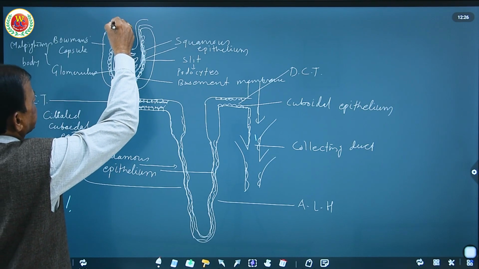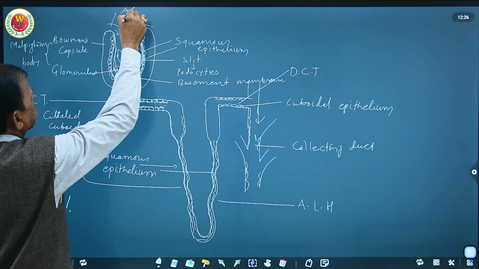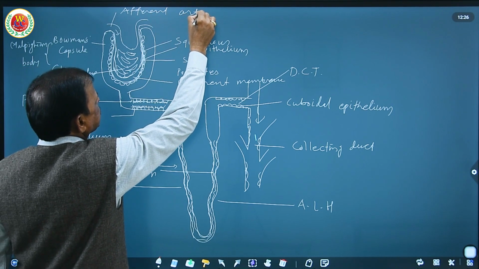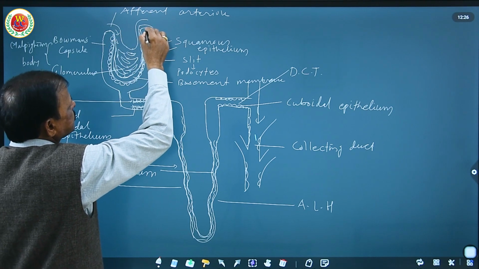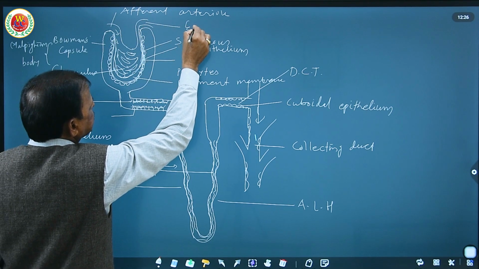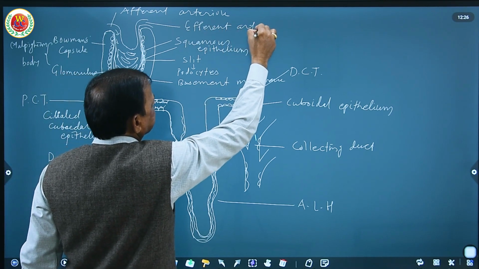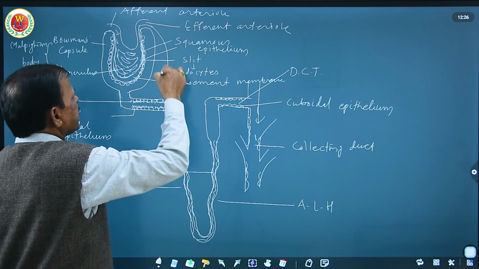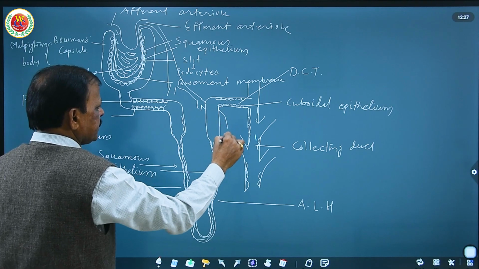The afferent artery enters carrying blood, and the same can be shown here. This is the afferent arteriole that brings blood into the Bowman's capsule, and this is the efferent arteriole that carries blood out, and further this branches and forms a tuft of capillaries all around this.